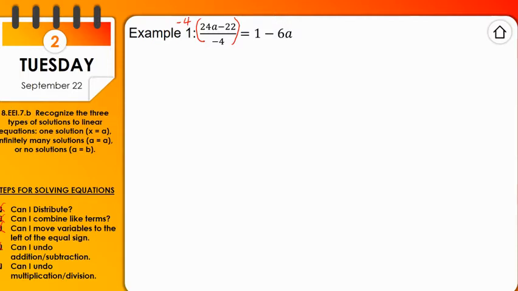If I multiply the left by -4, I have to also multiply the right by -4. -4 over -4 is 1. So I have 24a minus 22 equals -4 times 1 minus 6a.